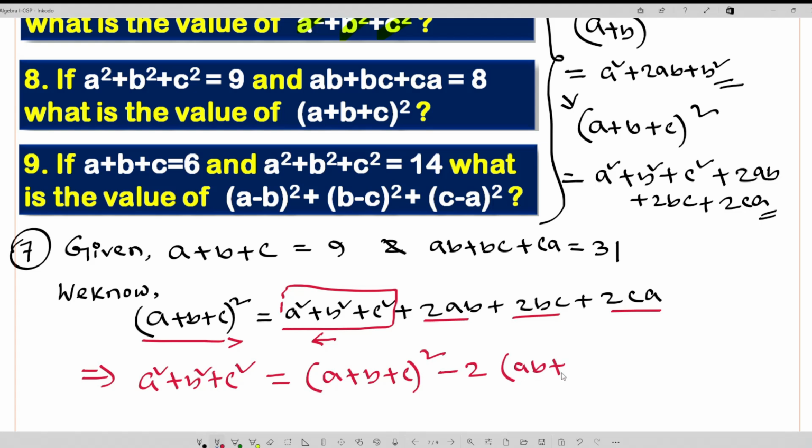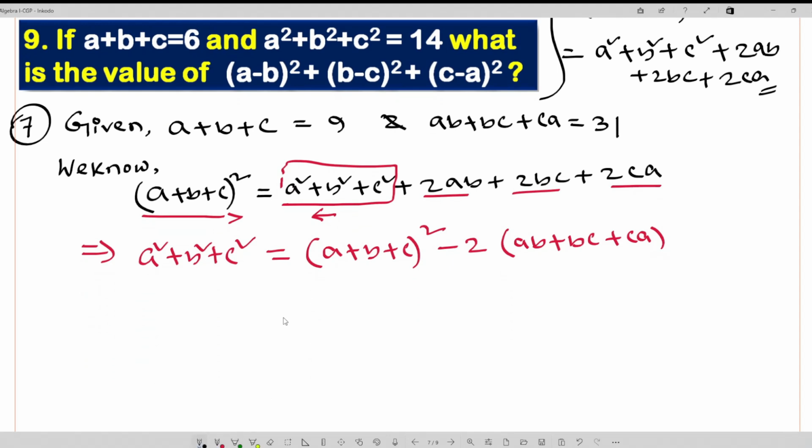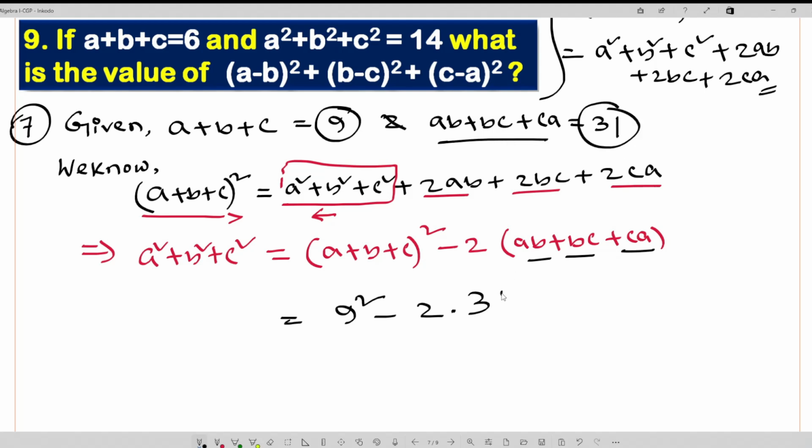Now (a + b + c) is 9, so 9² minus 2 times (ab + bc + ca), which is 31. So 9² is 81, minus 31 times 2, which is 62. So 81 − 62, the answer is 19. Very simple, hope you understand this one.